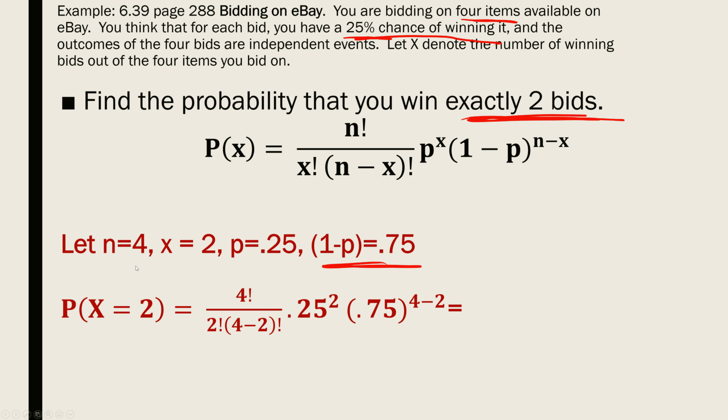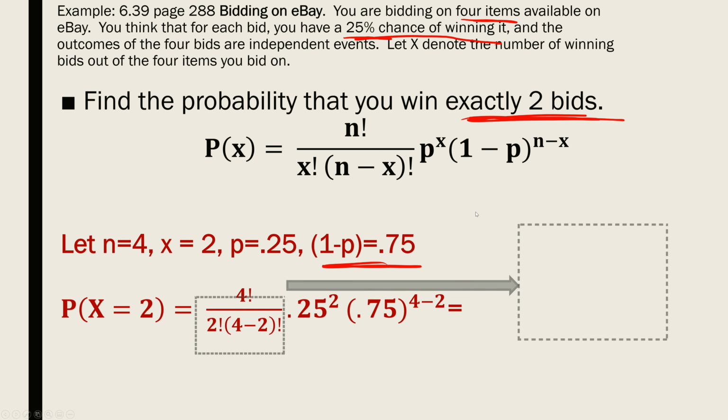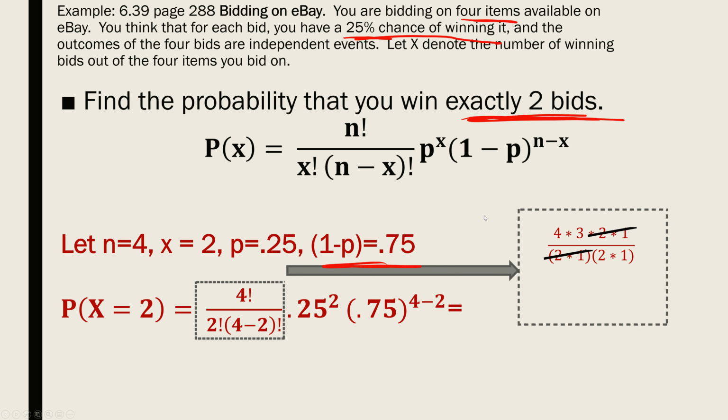Then you plug all those numbers into this formula. Next, the full factorial should be calculated in this way. And the denominator will be the factorial of 2 times the factorial of 2.